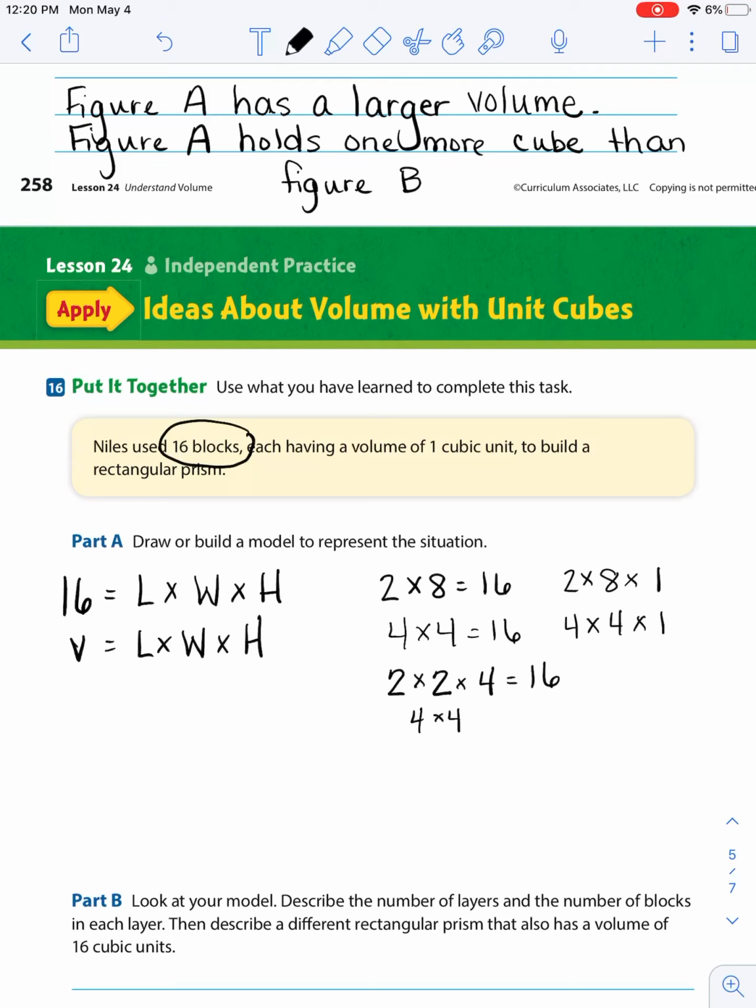So whatever you decide, let's say I decide a 2 by 2 by 4. Maybe I want it to be 4 tall and 2 the width. Oops. Probably should just go this route, huh? Then make it a 3-dimensional shape.